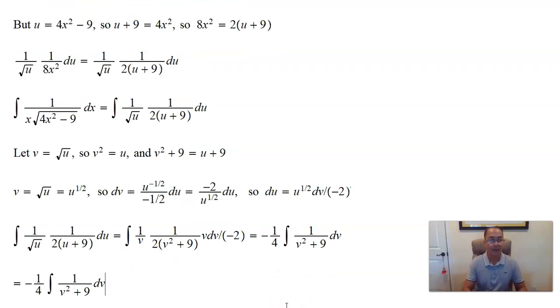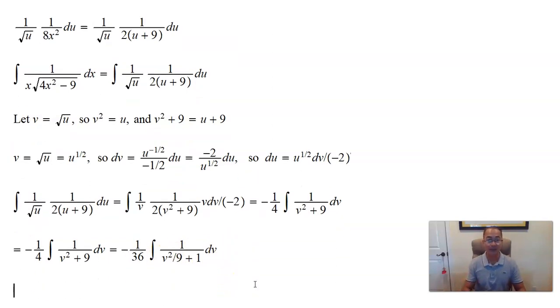So we factor out the 9, and we will get 36 outside, and we will get v squared over 9 plus 1. And then we do another small substitution this time. Let w be v over 3.